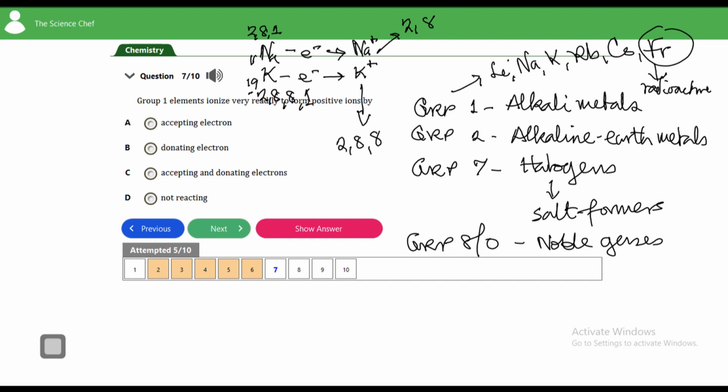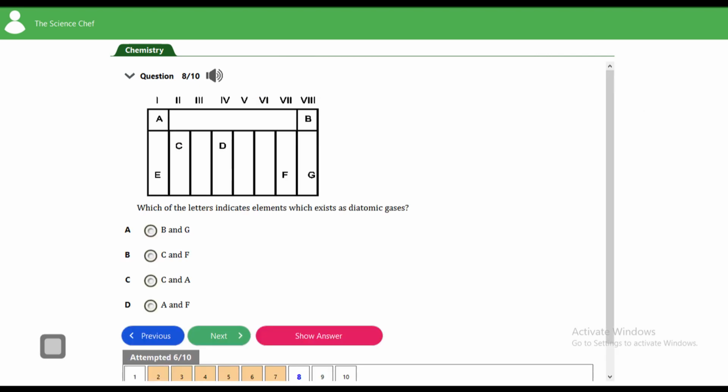So you can see they behave in similar ways. So group 1 elements ionize very readily to form positive ions by donating electrons. They are very good electron donors. They are not just electron donors, they are also what? Very good reducing what? Agents, because they lose electrons easily. So the correct answer is what? B.